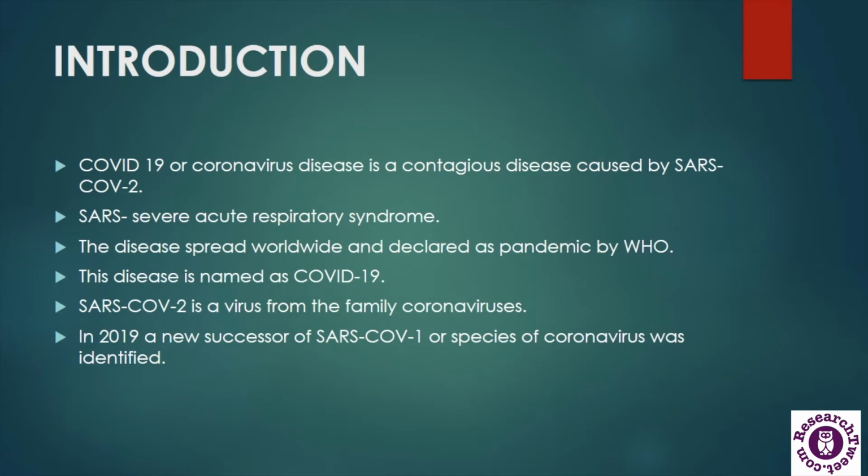Basically, COVID-19, also called coronavirus, is a contagious viral infection caused by SARS coronavirus 2. Here SARS-CoV-2 stands for severe acute respiratory syndrome, and SARS or MERS, also called Middle East respiratory syndrome, are caused by a virus family called coronavirus.